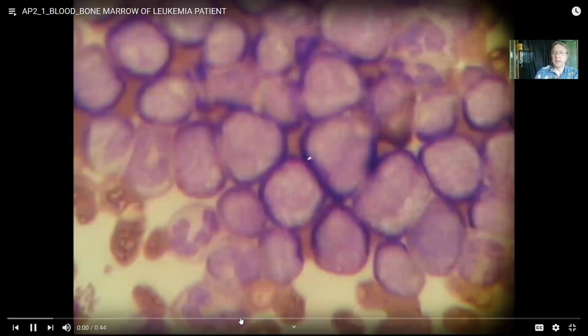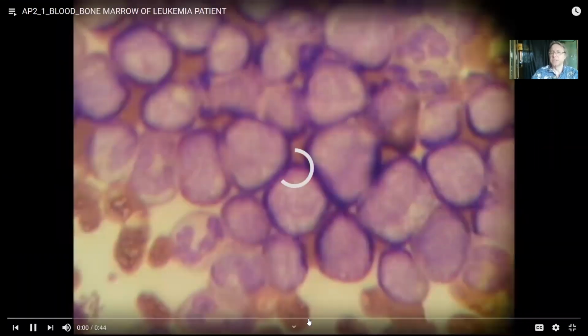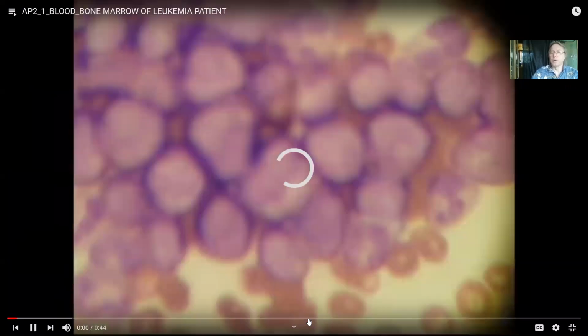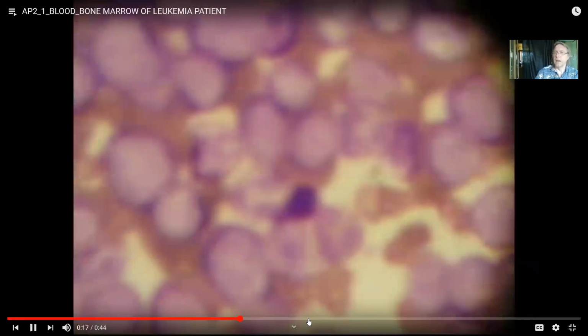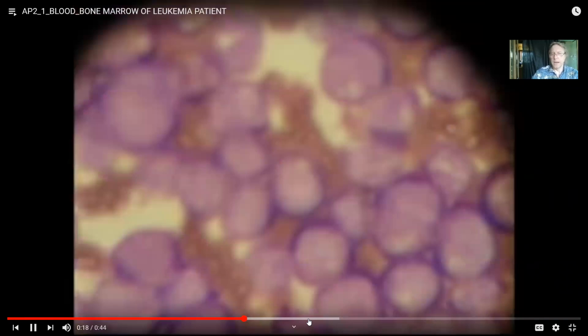If one were to look at the bone marrow of a leukemia patient, you could see clearly here are those stem cells, but far too many are involved in the production of the white blood cells. So there's clearly uncontrolled cell growth here.